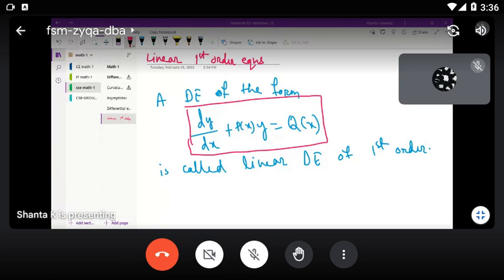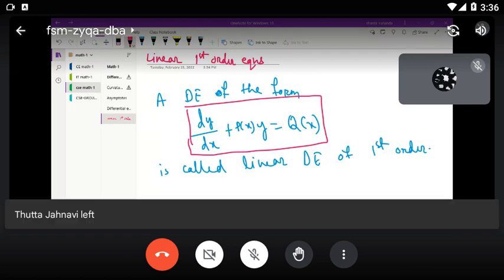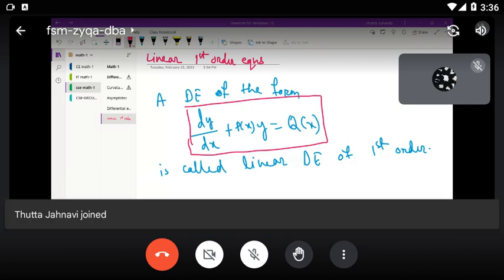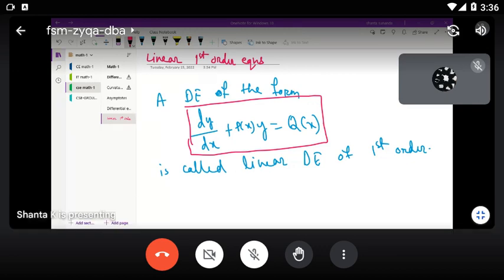So the general solution of this will be of the form... here, you see, the integrating factor will always be of the form e^(∫P dx). P is a function.